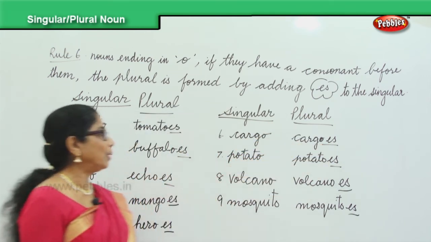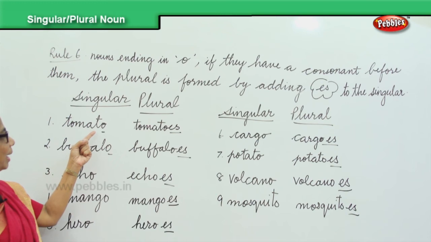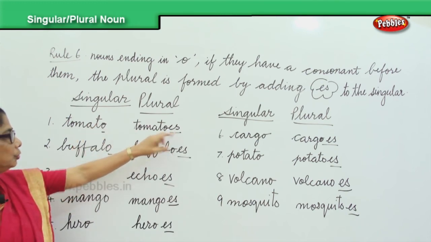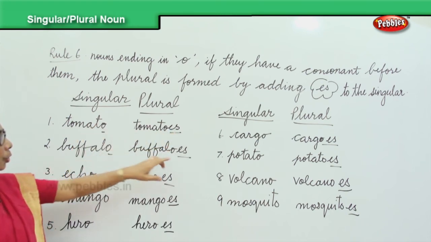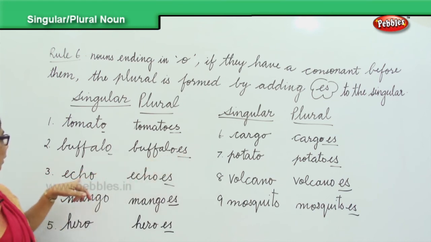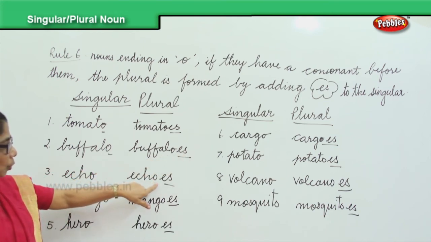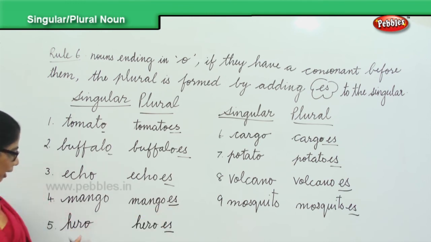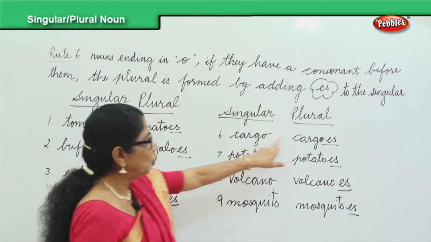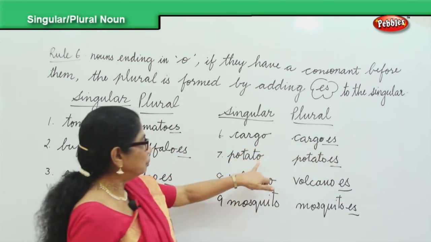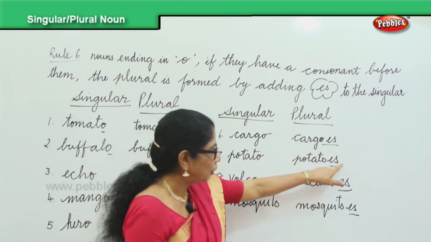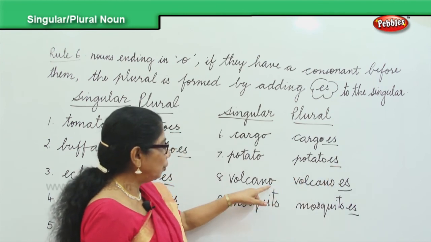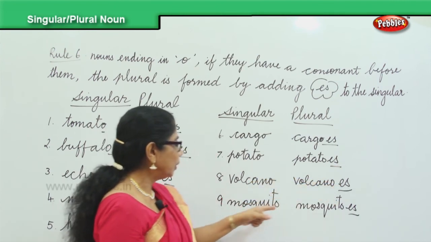That's it. Okay, now let's look at these words. Tomato, tomatoes. Buffalo, buffaloes. Echo, echoes. Mango, mangoes. Hero, heroes. Cargo, cargoes. Potato, potatoes. Volcano, volcanoes.